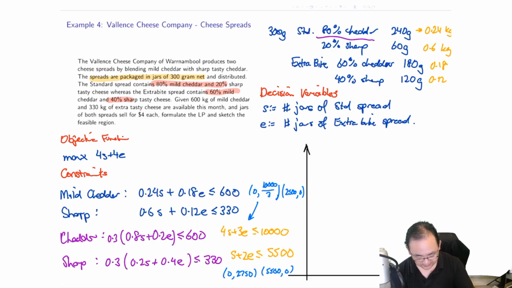So that's going to be 333.33. My largest number is going to be 5,500, so that's going to be my 5,500. Once again, I need to label my axes, so s is the x-axis, e is the y-axis.